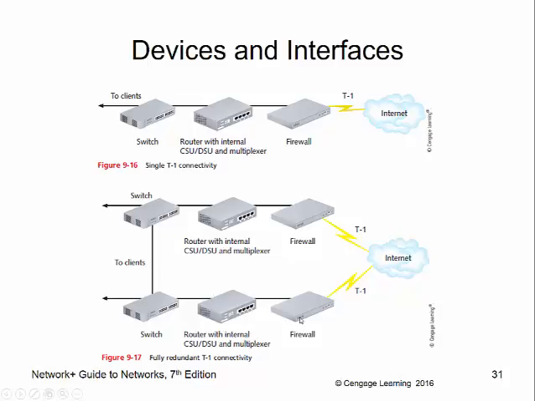What I might do, though, is have two separate redundant connections to the internet. Very possibly using different technologies. Maybe one is going to do T1, maybe one's going to do frame relay, whatever. And also very possibly through two different providers. One will be through Comcast, one will be through Time Warner, right? So if that provider has a problem, the other one hopefully still remains up during that time.